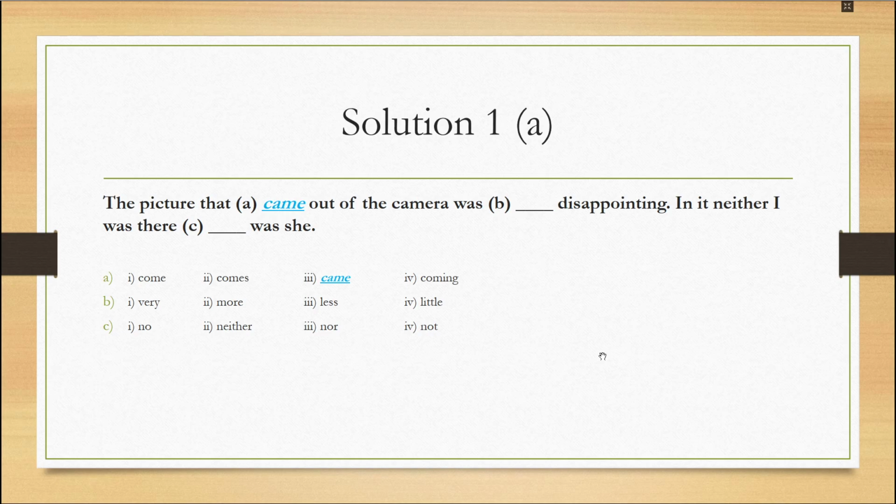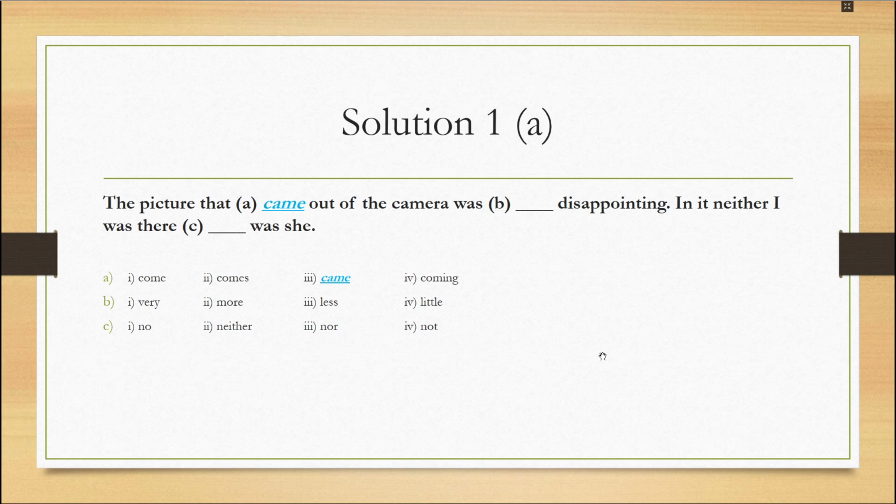Because if we see other options like more disappointing, more is used in respect of comparison. Since no comparison is mentioned here, more will not come. Same as with little disappointing, no sense of little is here. So what word will come here? It's very. The picture that came out of the camera was very disappointing.